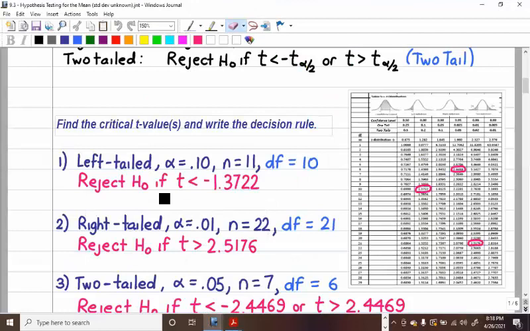So you reject the H0 if T is less than negative 1.3722. Right-tailed, 0.01, n equals 22. So it's 21 degrees of freedom. Right-tailed means it'll be positive. So we go to 0.01, 21 degrees of freedom.